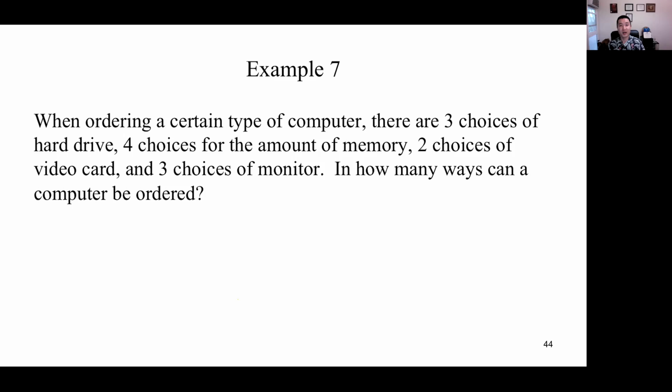When ordering a certain type of computer, there are 3 choices of hard drive, 4 choices for amount of memory, 2 choices for video card, and 3 choices of monitor. So the question is asking how many ways can the computer be ordered?